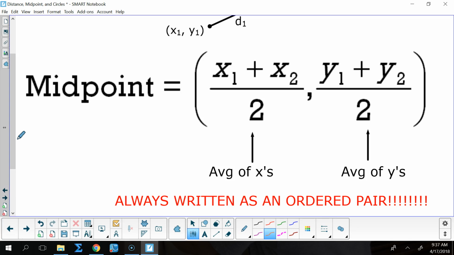And 2, to find it, we take the average. The middle is the average, and so we average the x's and we average the y's. We take the 2 x values, add them together, divide by 2. Take the 2 y values, add them together, divide by 2.